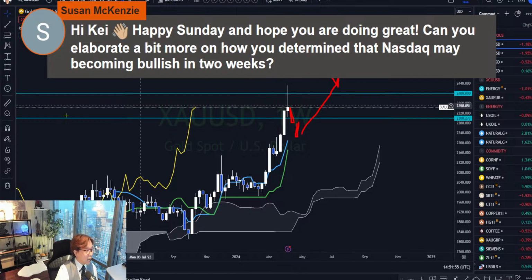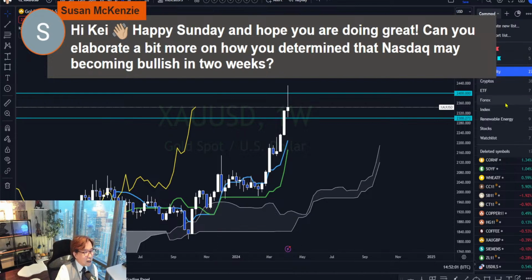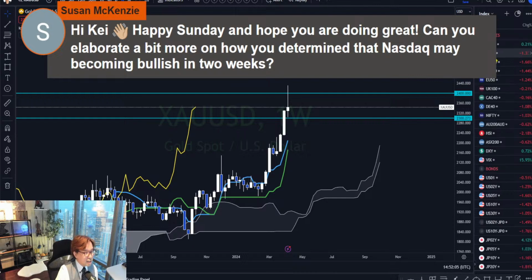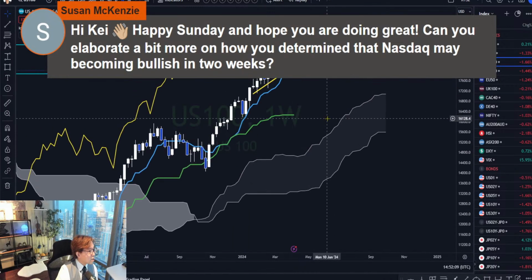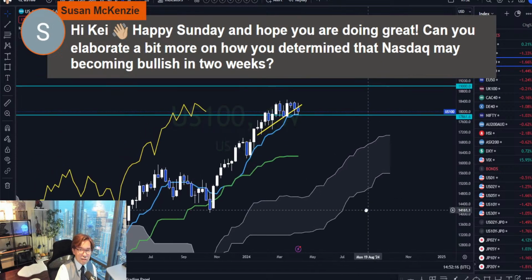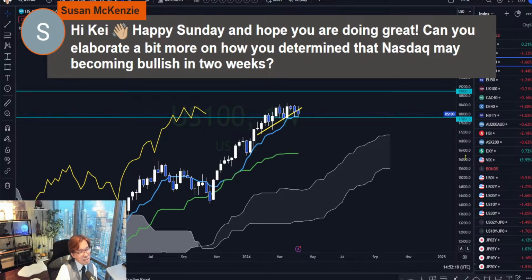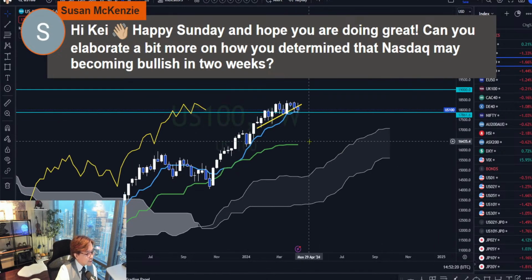Oh yeah, so I was reading the future Kijun-sen and Kumo angles. Nasdaq is here. Right, so now Kijun-sen is flat. The most important line among all the Ichimoku lines is the Kijun-sen.